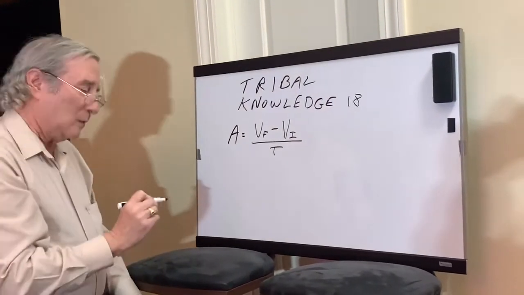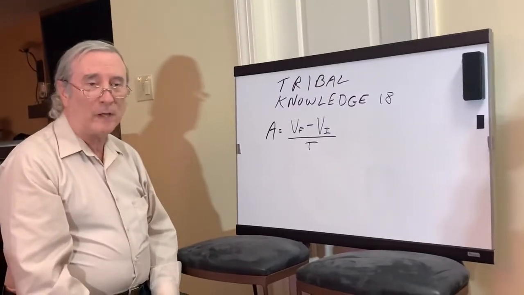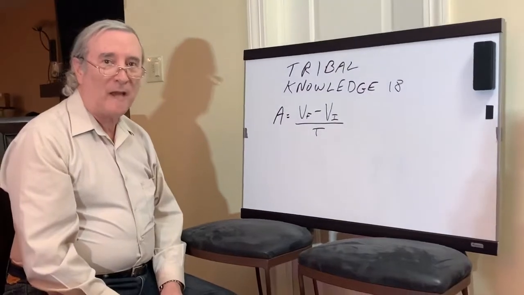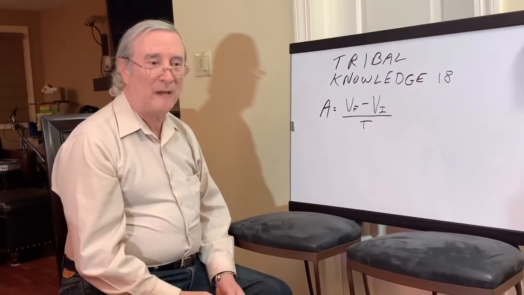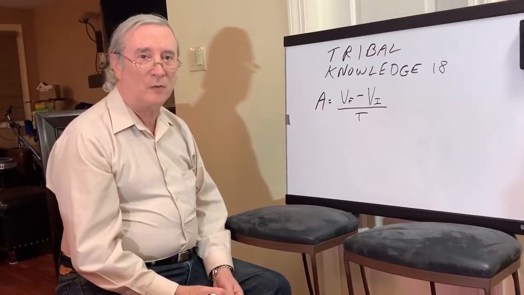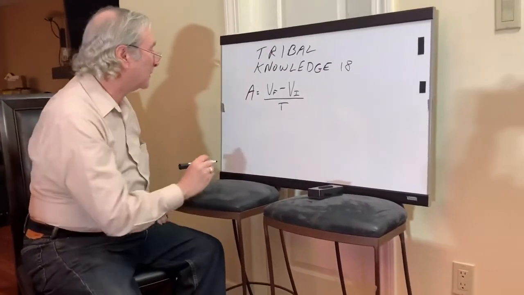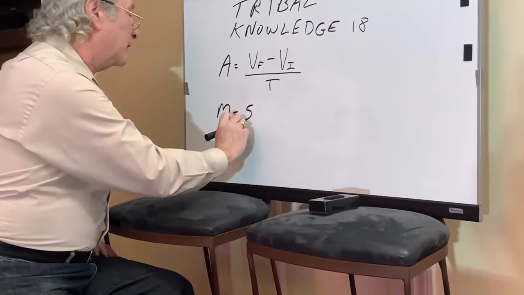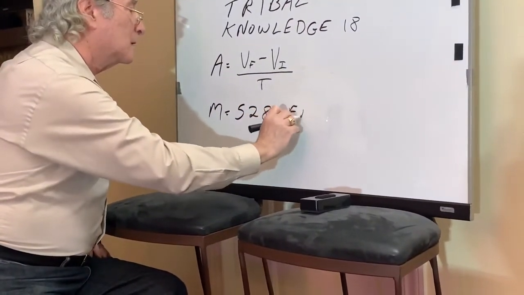So one thing we can relate to is the acceleration of a car. Now, cars, we always know, travel at miles per hour. Miles per hour is a term that we can't deal with. We need to convert miles per hour into feet per second. So the conversion is fairly easy. 1 mile is equal to 5,280 feet.